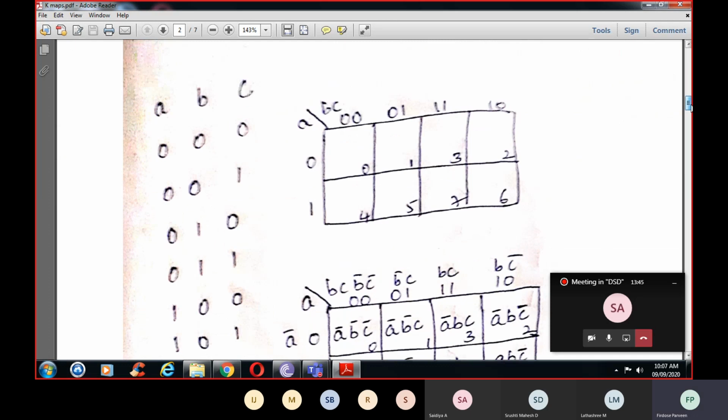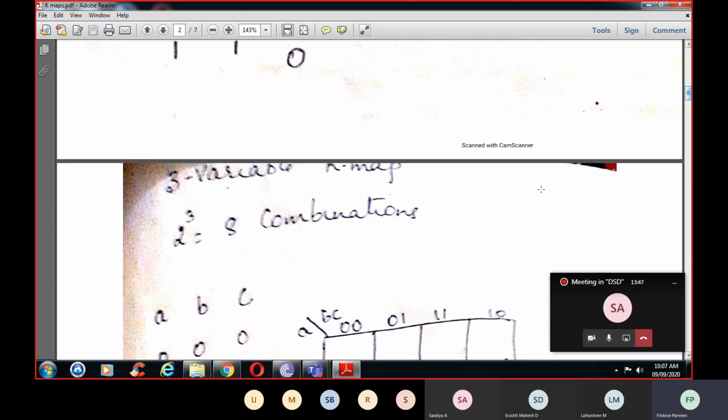In the same way, the 3 variable K-map. 3 variable K-map means you'll be having 3 inputs. So 2 raised to 3, how many combinations will you have? 8 combinations, so you'll have 8 cells, from 0 till 7.